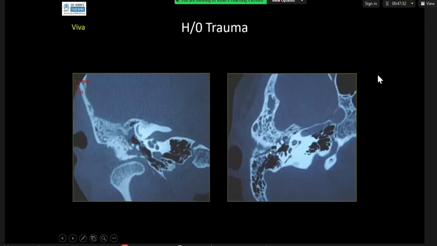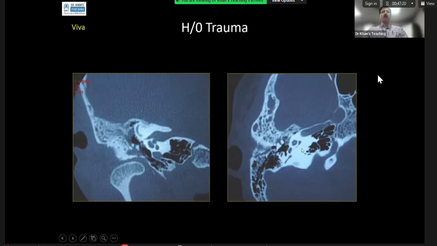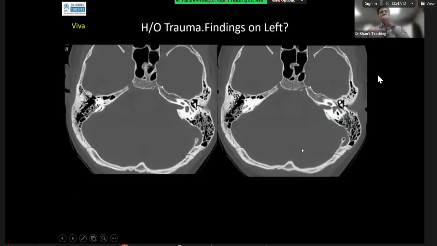I'm not going into details of longitudinal and transverse fractures of the temporal bone and what they can do. But the main thing I want to highlight is that you should always look here to rule out an incudomalleolar dislocation. If you're doing a viva case, the examiner might give you half a mark or one mark more. Look at this example. What is your finding here, candidate 3?